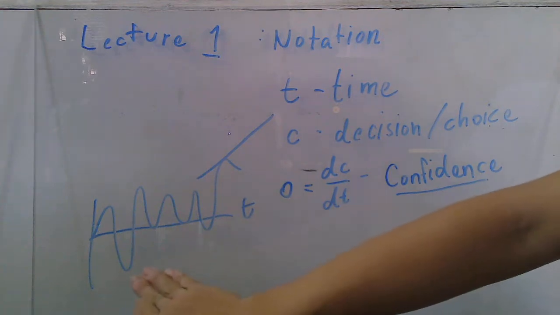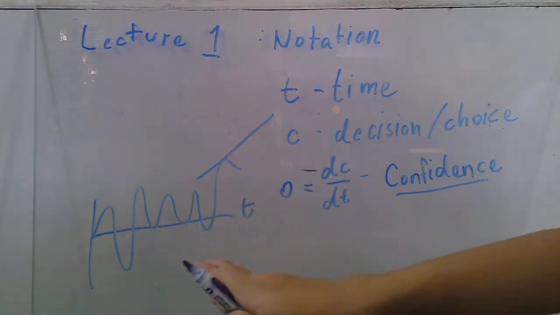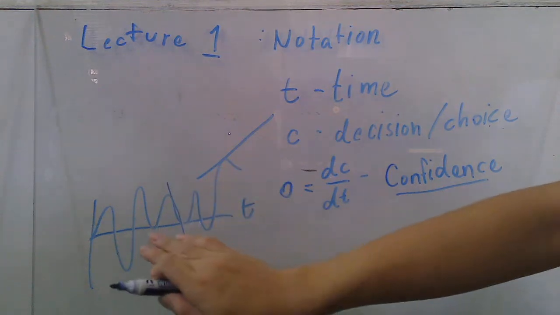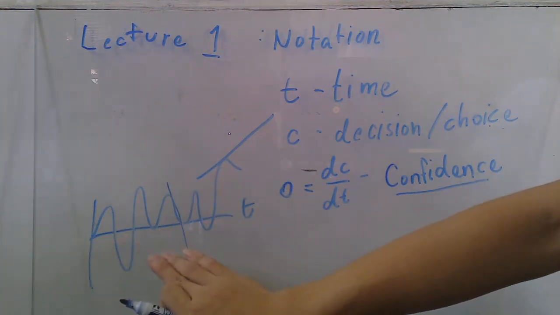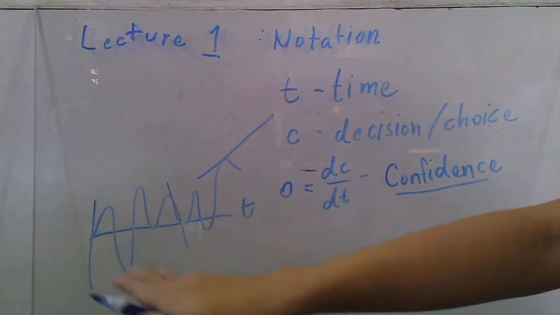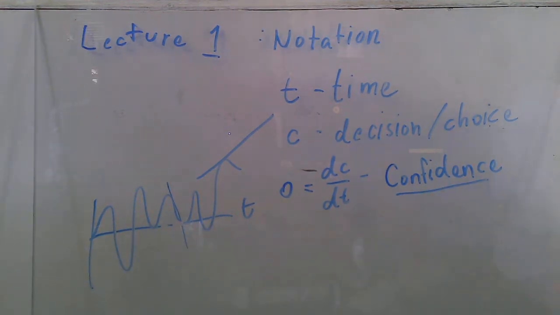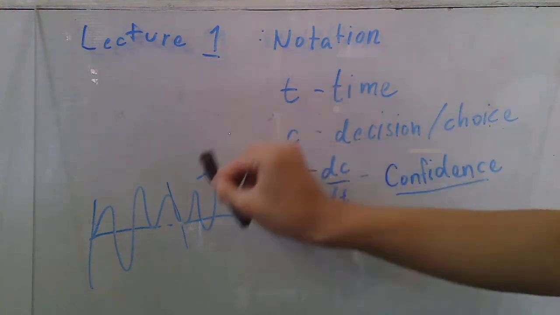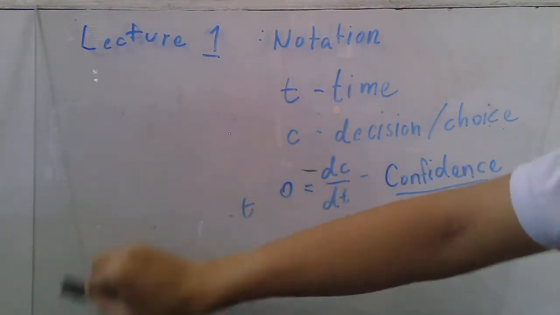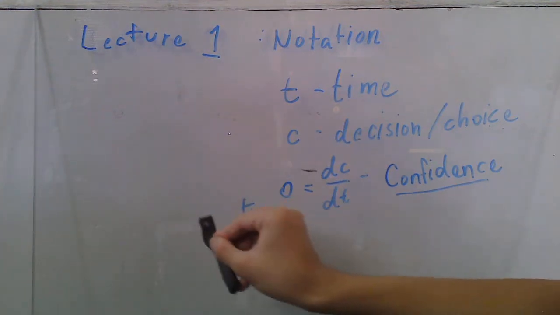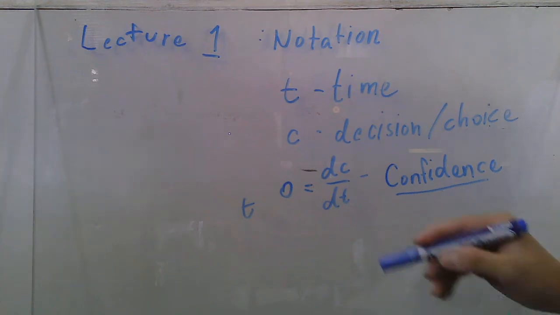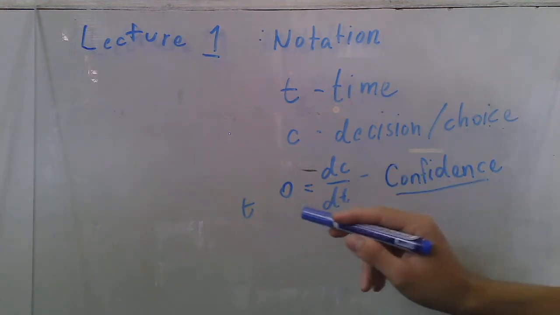While if it's a negative slope or negative derivative at a certain point, like over here, then he is more confident to decide as the gender described by this extreme here. But that's already discussed in gender queer theory and gender calculus. So that's confidence. It's described by the equation dc over dt equals O.